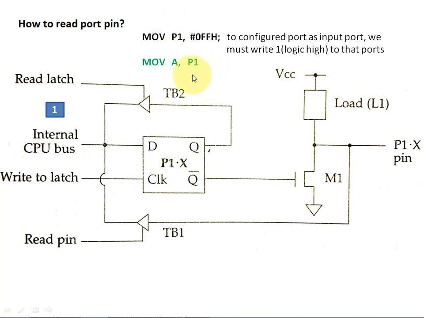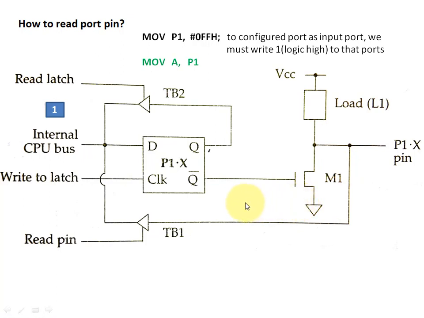For example, if I want to read the content from port P1, first I will write FF to P1. That means I am giving logic 1 to the entire port P1, and then I am reading the content from port P1 to register A. We have to do this just to make sure that M1, that is the MOSFET of the output driver circuitry, turns off.